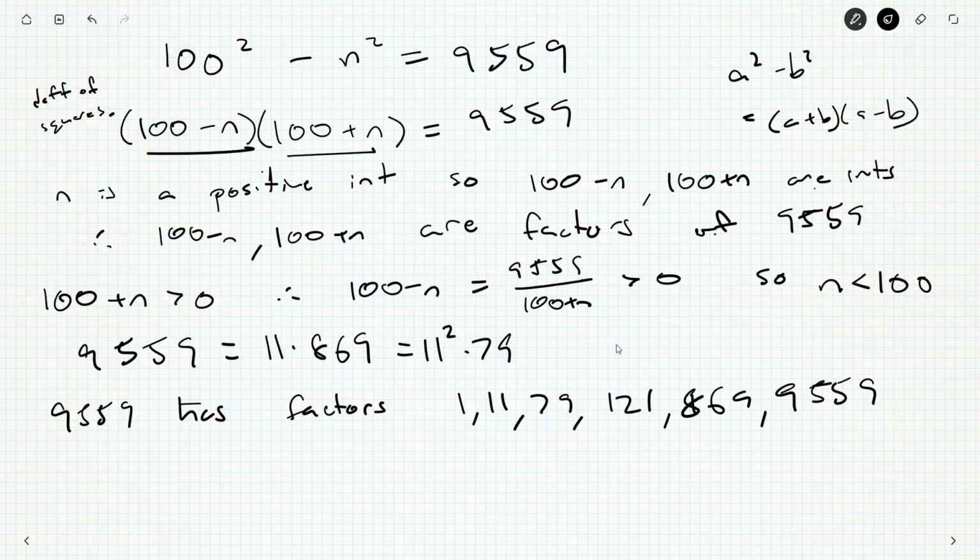Now, 2 of them need to add up to 200. So 100 minus n plus 100 plus n is equal to 200. So we're looking for 2 factors that add up to 200. So obviously these guys are out, as are these 2.